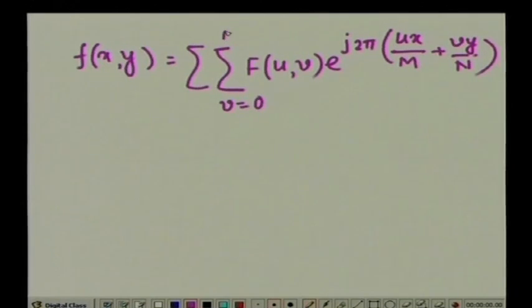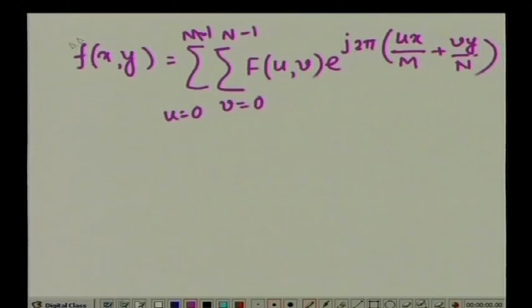0 to capital N minus 1 and u equal to 0 to capital M minus 1. So, the frequency variable v varies from 0 to capital N minus 1 and u varies from 0 to capital M minus 1.